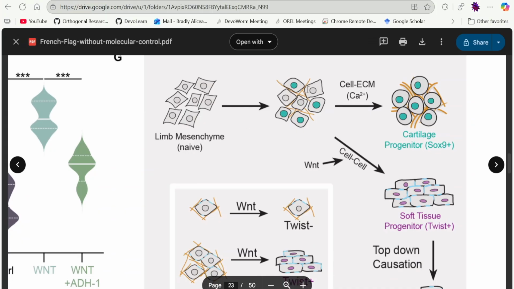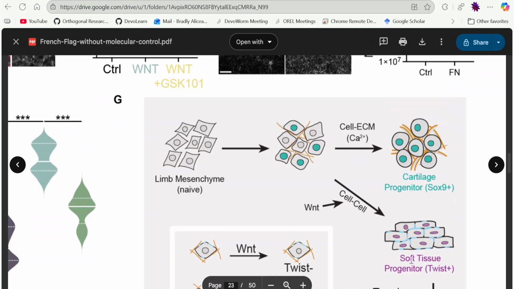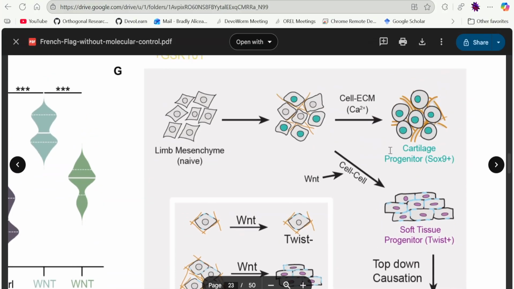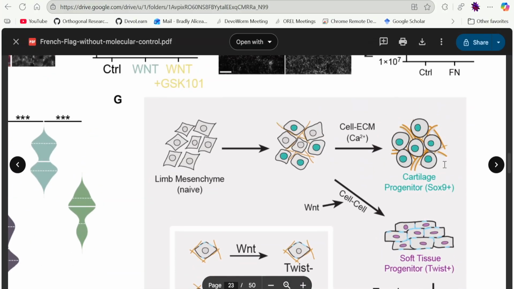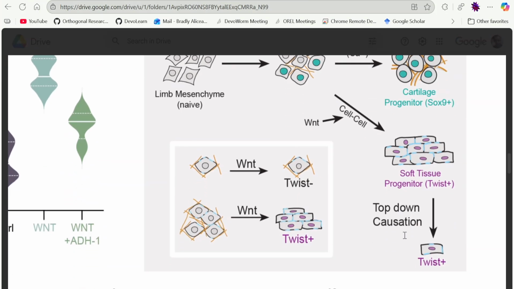But then if we go to this intermediate stage and we look at the cell-cell interactions and we look at Wnt signaling, we have the soft tissue progenitor. So we take some of these cells. We have these cell-cell interactions. We introduce Wnt. We have soft tissue progenitor cells that are Twist positive instead of cartilaginous progenitors, which are SOX9 positive. So you see that they have this different shape and they have this different thing that's being expressed.